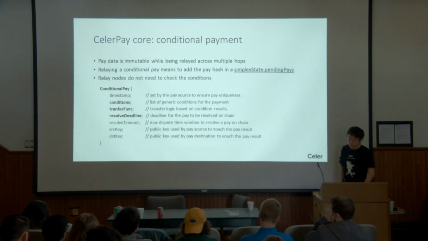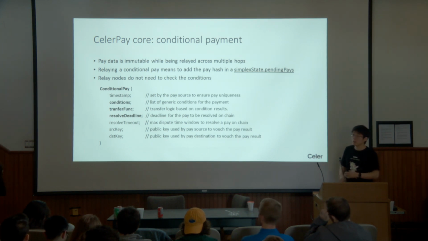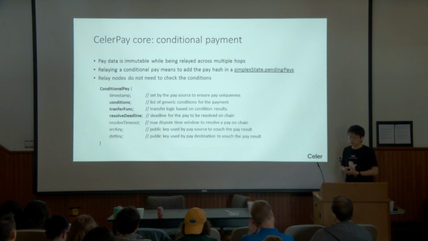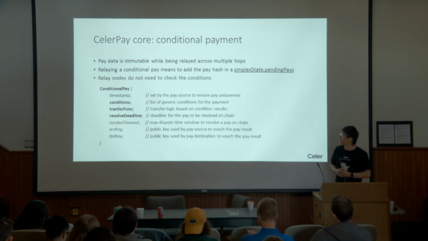Each pay is unique and immutable globally. So for a payment node to relay a pay, it simply adds the hash of the pay to the pending pay list of the state channel. And here is the construct of the conditional pay.